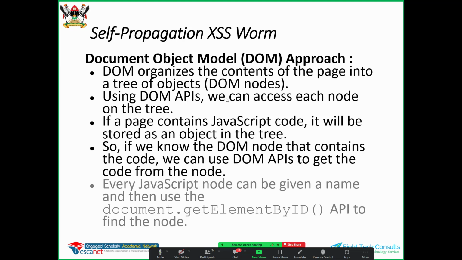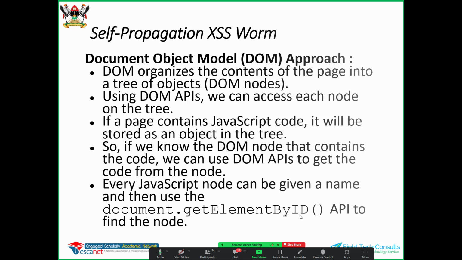Okay. And then every node can be given a name and then you use document.getElementById and so on as the API to find it. This is how we can target something in the document object model on the website.